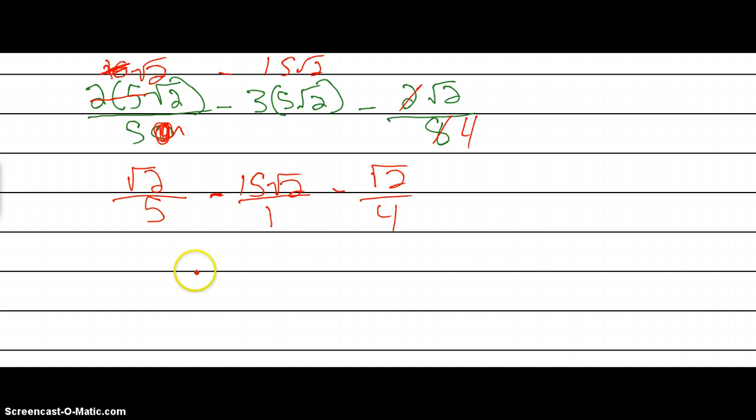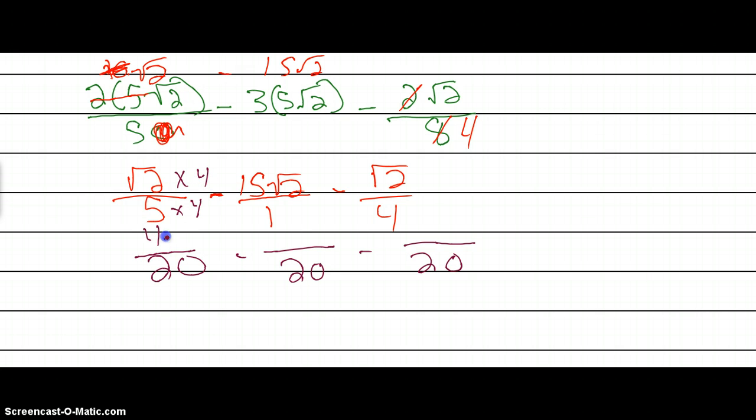So we need to get all the denominators into 20s. How do we get 5 into 20? You need to multiply it by 4. So once again, what you do to the bottom, you do to the top.